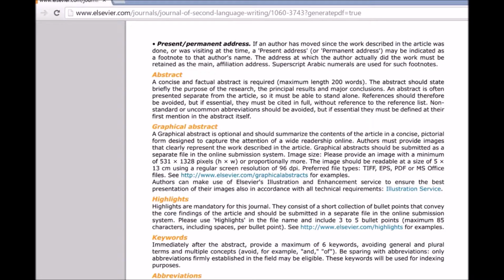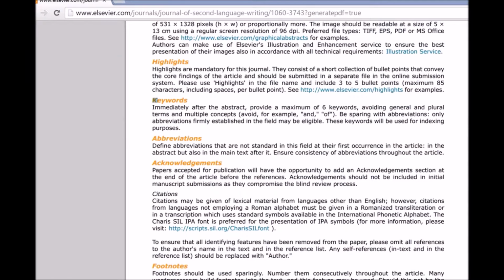I'm never sure what happens if you say no, but people do sometimes criticize papers if the abstract doesn't match the paper. A graphical abstract is optional. Some of them ask for highlights, so they're mandatory. So a few interesting things, and also a section of keywords, six keywords that they can use to identify the paper.